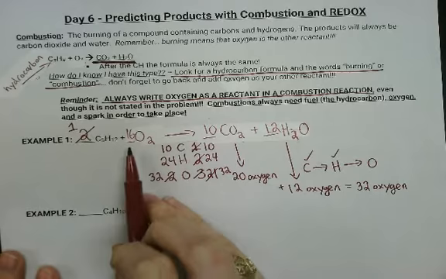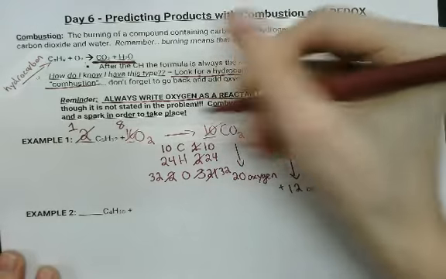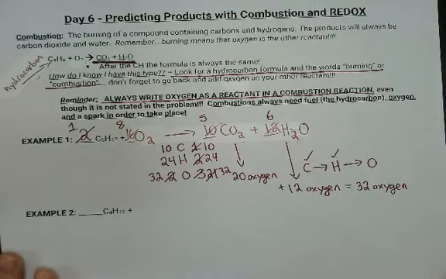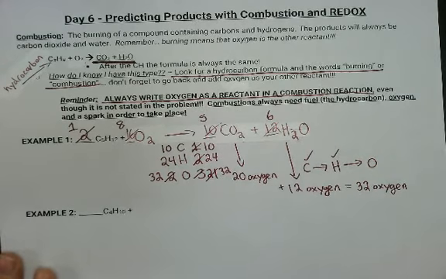So I'm going to do 2 divided by 2 and get 1. 16 divided by 2 and get 8. 10 divided by 2, get 5. 12 divided by 2, get 6. Now we have fully reduced our chemical equation here. The coefficients are reduced, and this is my final answer.